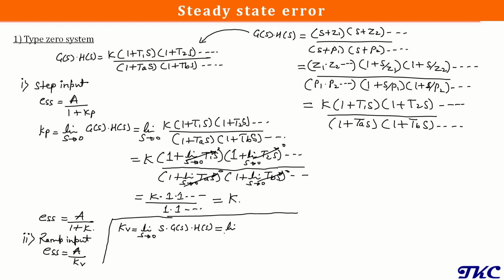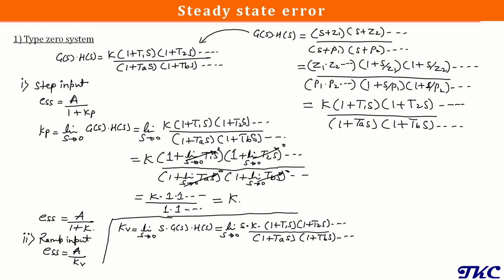So it will be limit s tends to 0 of s into k into 1 plus t1 of s, 1 plus t2 of s and so on, divided by 1 plus ta of s, 1 plus tb of s and so on. When we take the limit, this term will give us 1 only, and k will be constant, but here we have a separate s term, and we know that its value is going to 0.